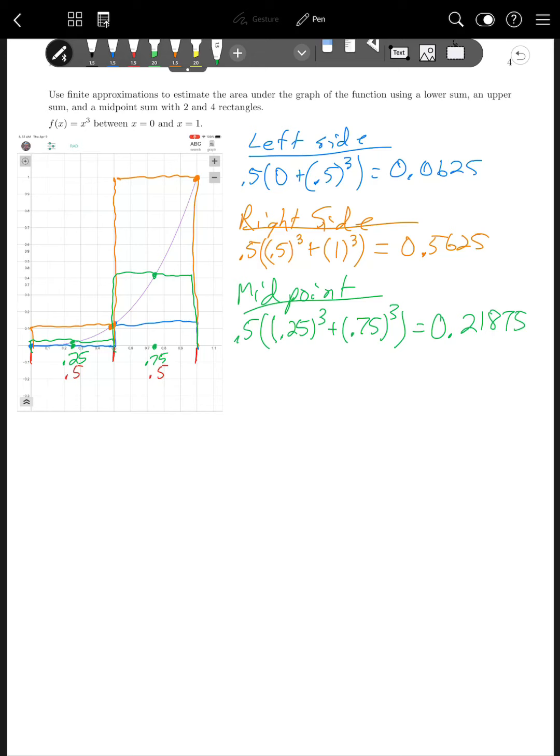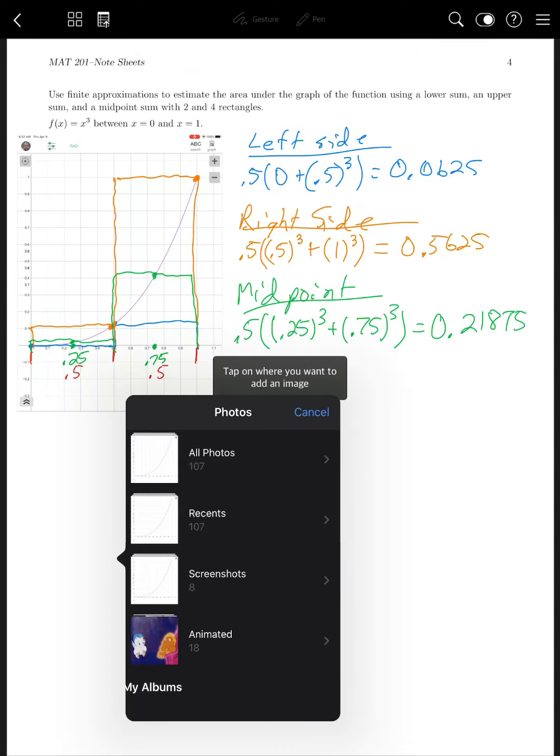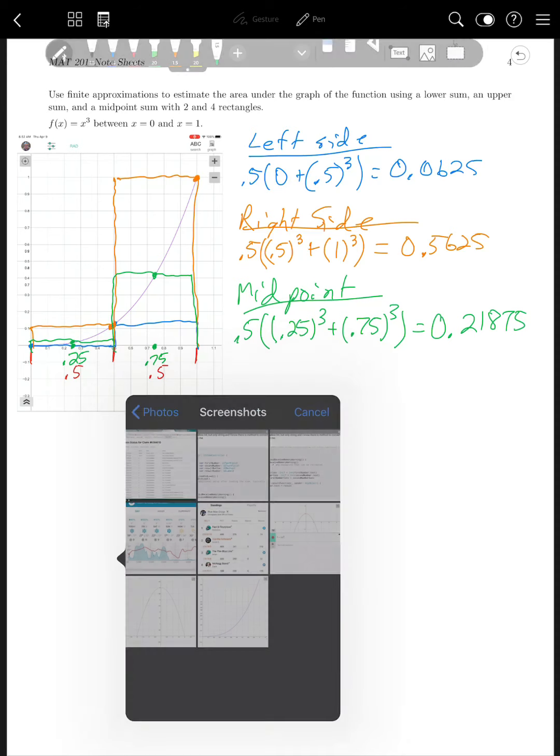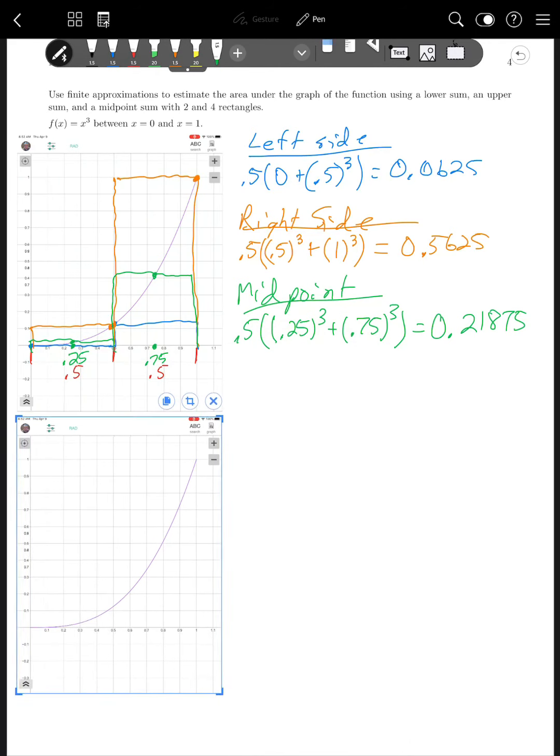So this would be 0.5 times 0.25 cubed plus 0.75 cubed. And when we do that, we get 0.21875. Okay, so that's the idea.